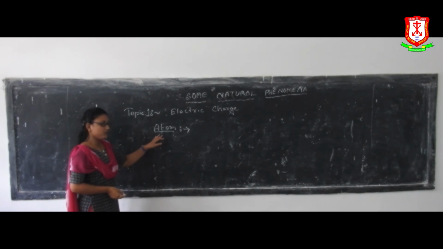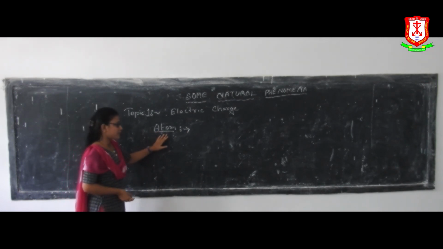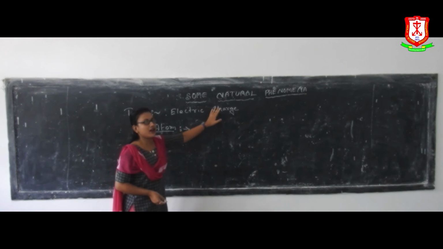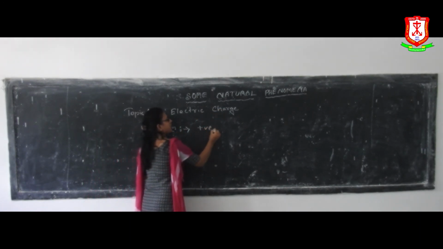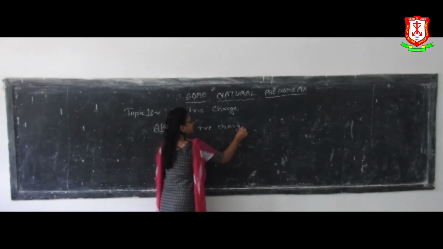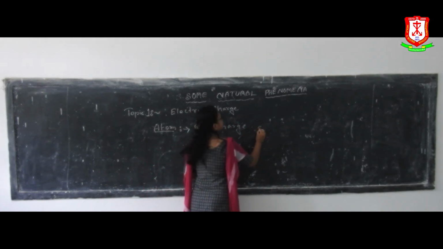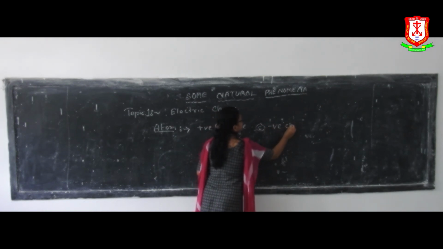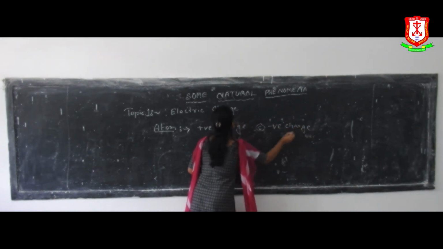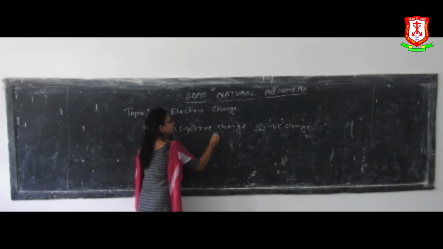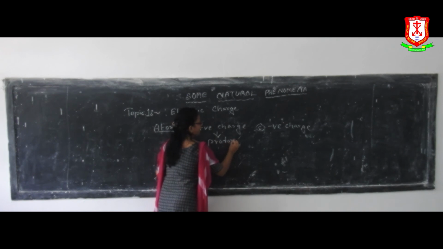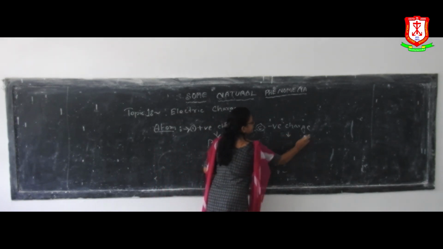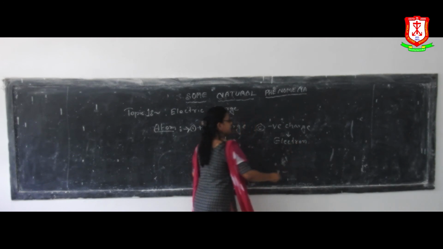Now let's discuss the atom. Inside the atoms also electric charges are present. In atoms, two types of charge are there: one is positive charge and another is negative charge. The positive charge inside the atom is called the proton, and the negative charge inside the atom is called the electron.